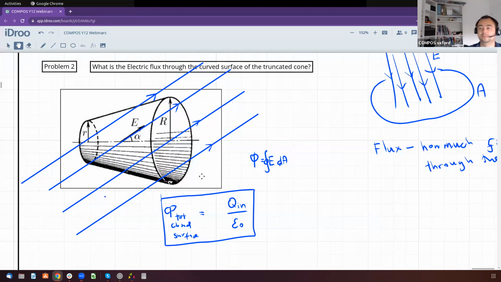What does that tell you? The field is external. This is what you need to know. The field is external and it's uniform. So how much charge is inside the truncated cone?